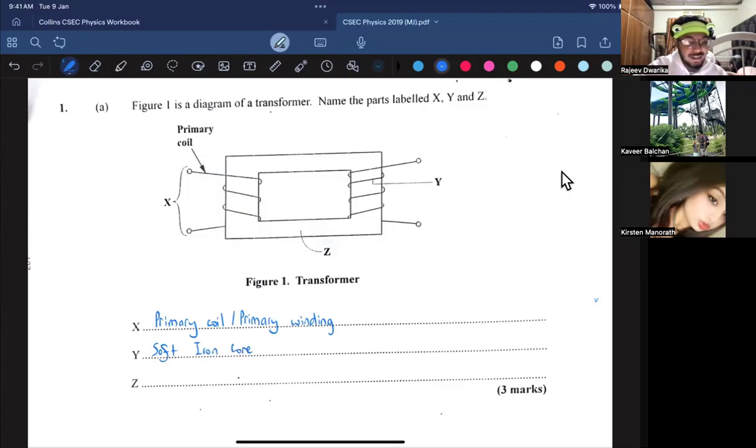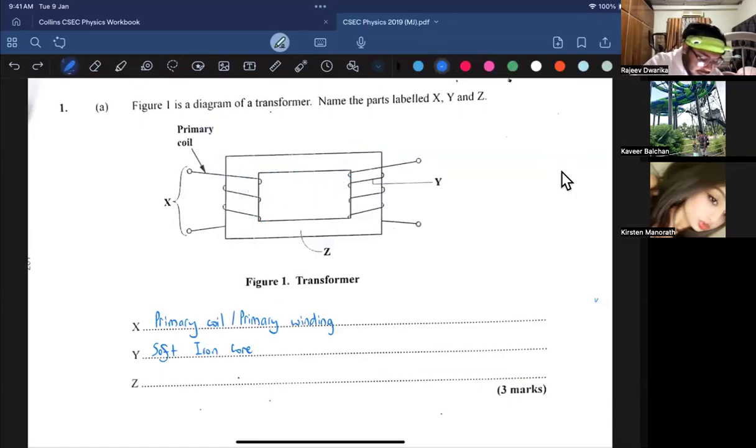For anybody that's looking at this, the reason why we're using a soft iron core is because soft iron is ferromagnetic in nature. The magnetic fields generated in the primary coil, we want to maximize its efficiency. We want those magnetic fields to interact with the secondary coil. If you have a ferromagnetic material, it allows the magnetic flux to be channeled.